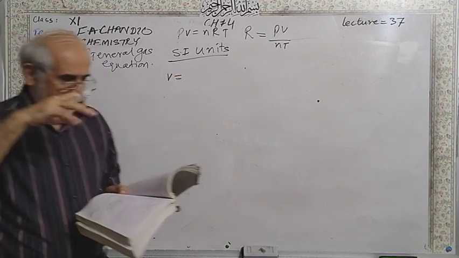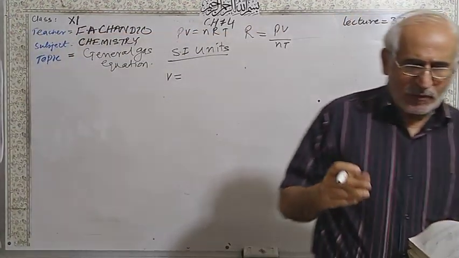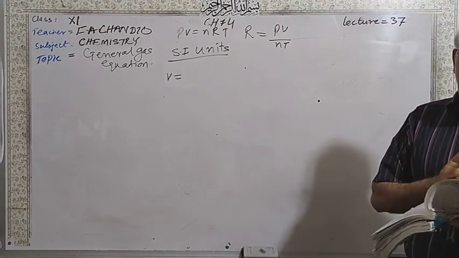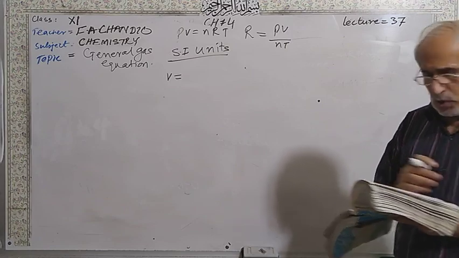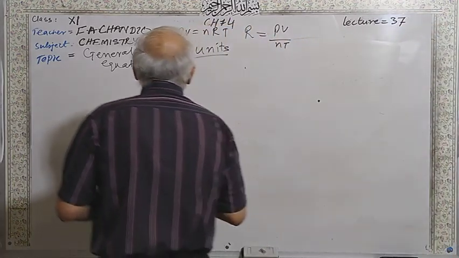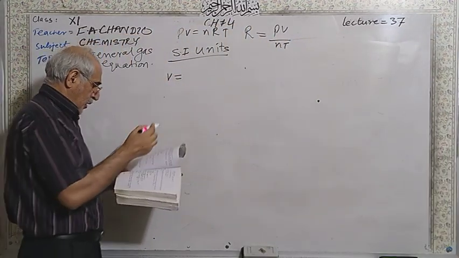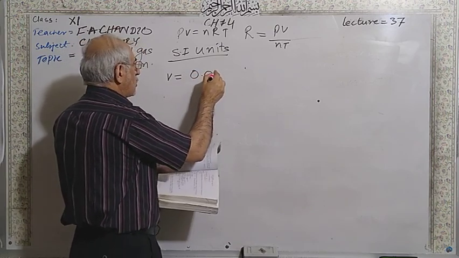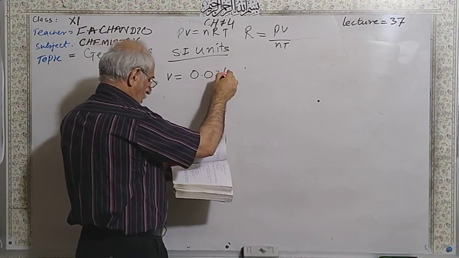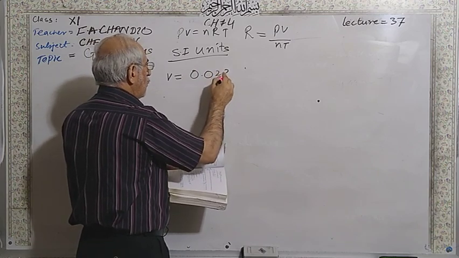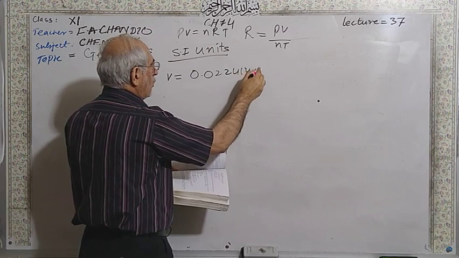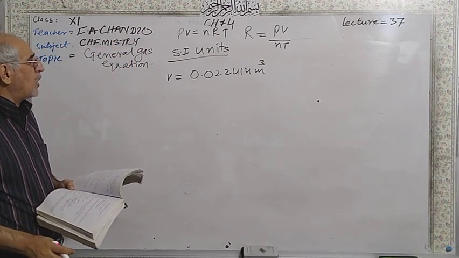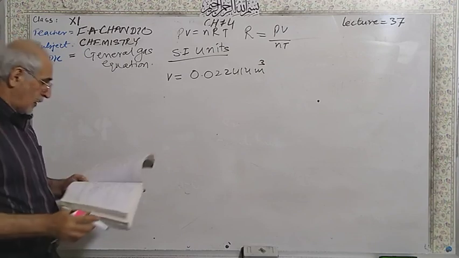In the previous STP we used volume in decimeter cube, 22.414 decimeter cube, but here we use meter cube. That's why we have to divide by 1000. So the answer will be 0.022414 meter cube. This is one difference.